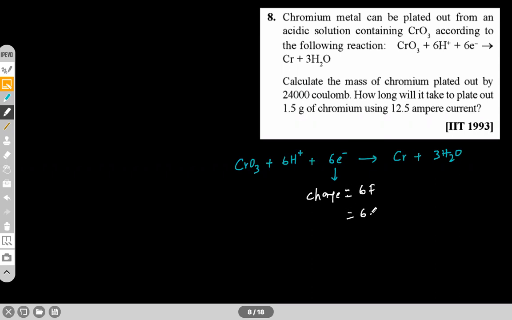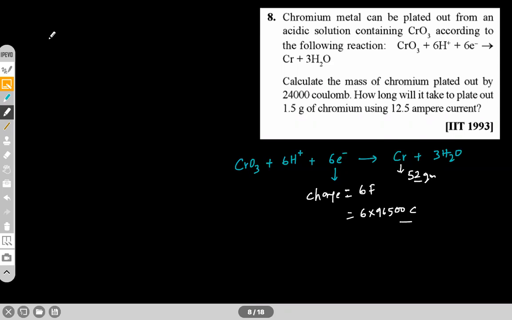That is 6 into 96500 coulomb. This charge gives 1 mole of chromium. The reaction is already balanced, you see. 1 mole of chromium, which is 52 gram, right?